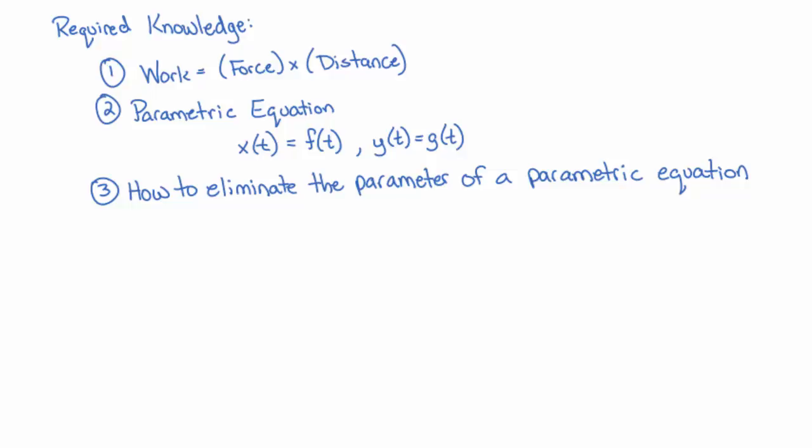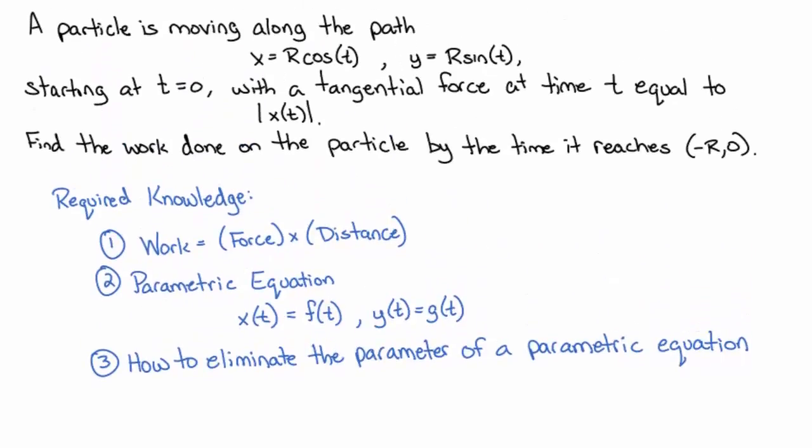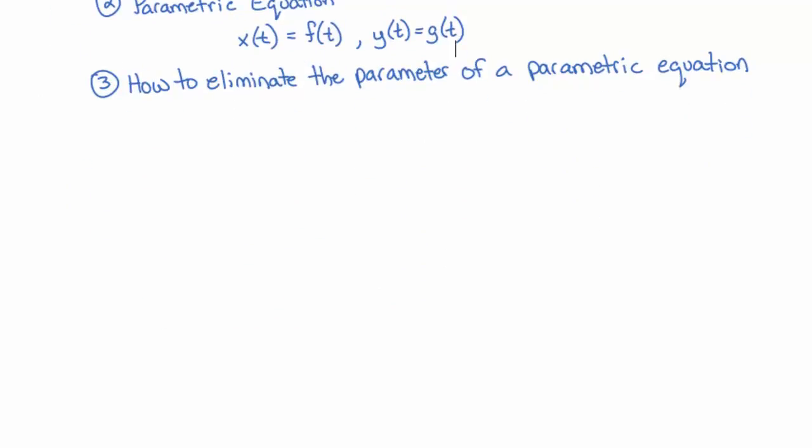So when we eliminate a parameter for a given parametric equation like this, x equals r cos of t and y equals r sine of t, generally speaking, if it's a simple parametric equation, something like, for example, x of t is equal to t plus 3 and y of t is equal to, let's just say, t squared, then you can eliminate the parameter by solving the first equation for t.